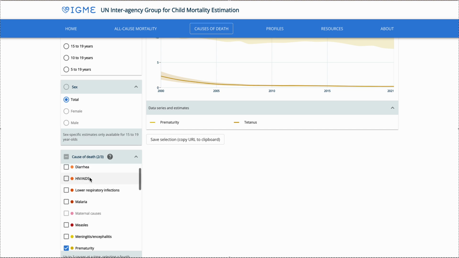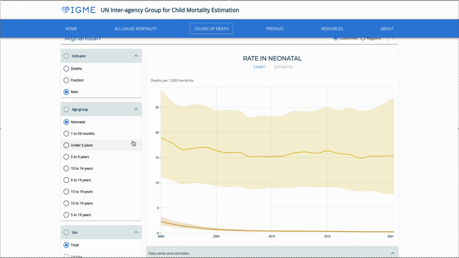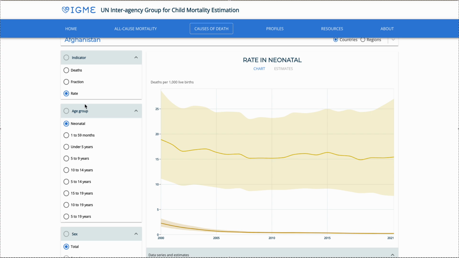Okay, so one of the points of this was to look at either rate or number of deaths, and they should track fairly well.